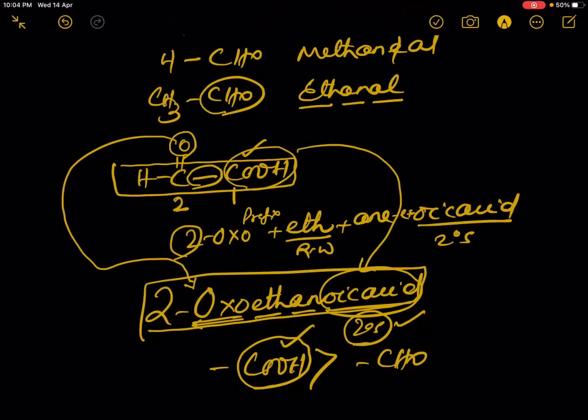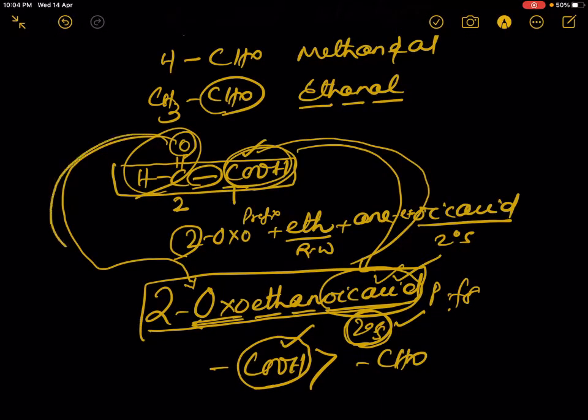And for your information, there would be one secondary suffix. You cannot write more than one secondary suffix. Number of prefixes are more, but number of secondary suffix is always 1. That is the principal functional group. Here this compound has 2 functional groups, but one is written as secondary suffix and this is written as prefix.